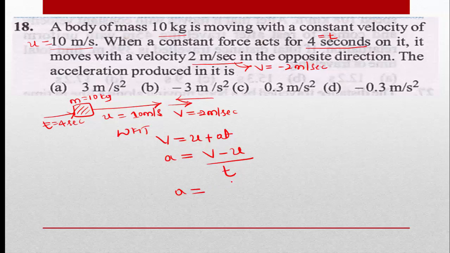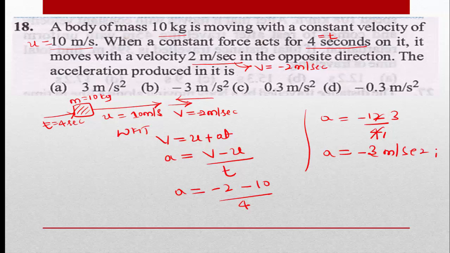a is equal to v minus u divided by t, that is minus 2 minus 10 divided by 4. Therefore a is equal to minus 12 divided by 4, that is minus 3 meter per second square. a equal to minus 3 meter per second square is the right answer for this question.